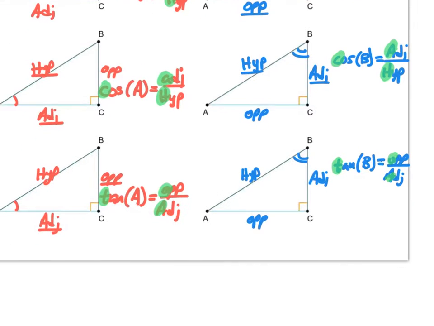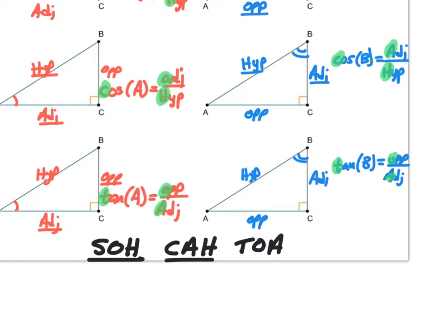So you get this phrase, and if I were to write those words out, for sine you have opposite and hypotenuse. For cosine, you have the adjacent and hypotenuse. And then for tangent, you have the opposite over adjacent. So you get this phrase called SOH CAH TOA. If you remember SOH CAH TOA, then you can remember how to set up your ratio of side lengths.